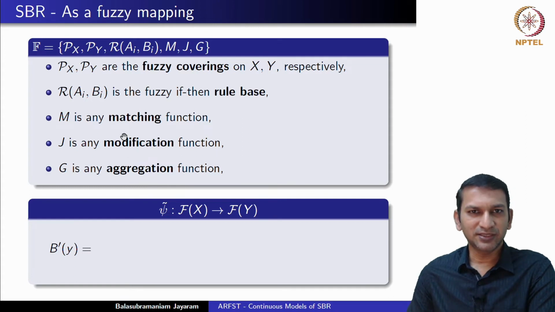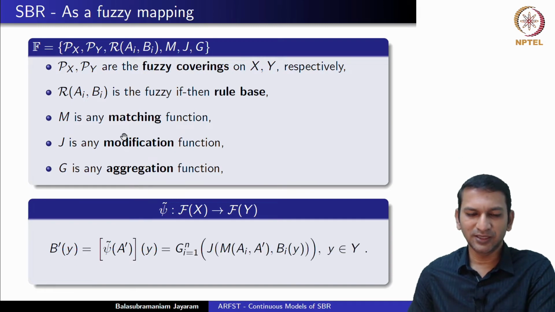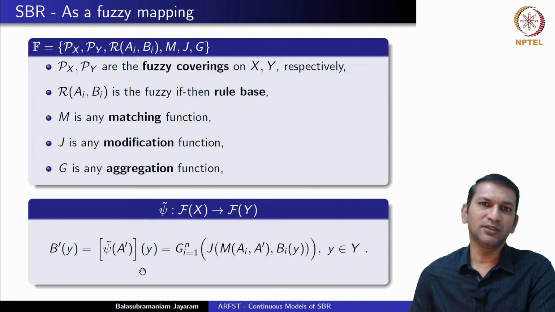So given A dash, the corresponding B dash, which is a fuzzy set on Y, is specified like this. B dash of y is, we are aggregating over the rules. Given an A dash, first we find the similarity value with each of the antecedents using the matching function. Use this Si to modify the corresponding consequent with the modification function J, and then aggregate it using the function g.